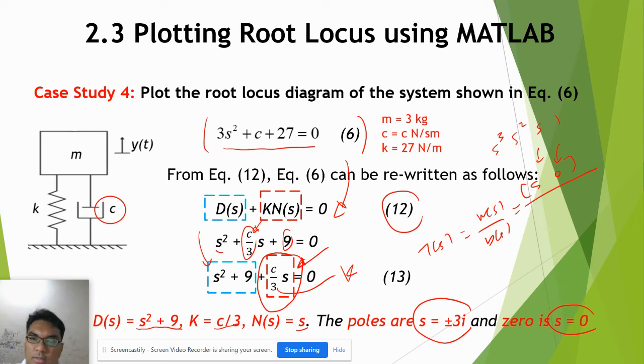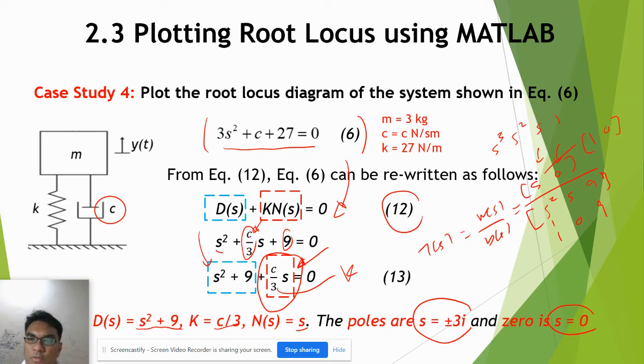Then for the order at the numerator you have the s power of 2, which is actually 1, and there's no s here, and the final one is 9. So in the transformation you can present it as 1, 0, 9, and the above you can represent as 1 0.